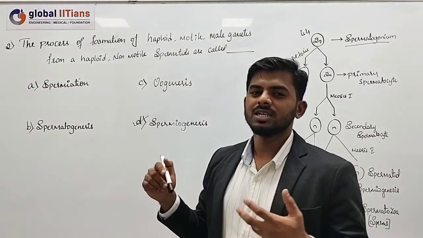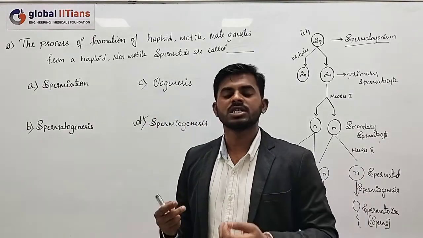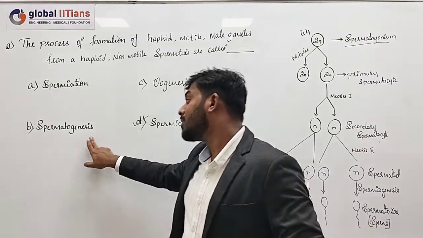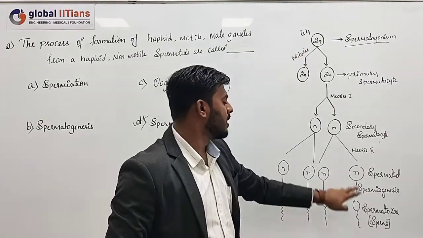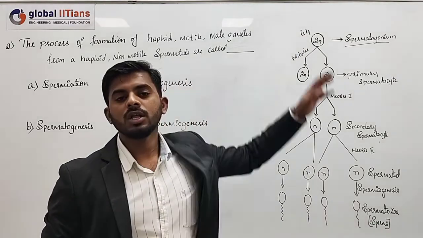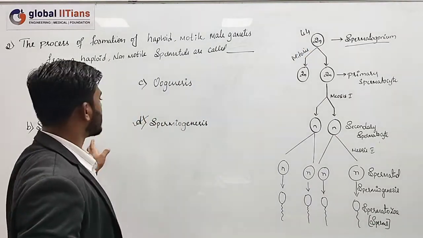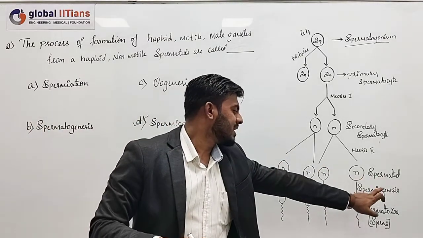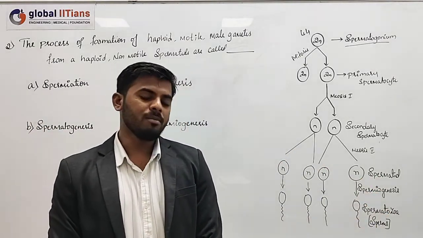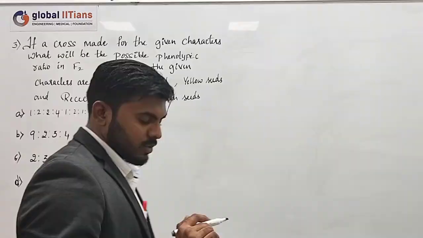Oogenesis you can easily eliminate because that's the formation of ovum. And spermatogenesis, whatever we discussed here, right from spermatogonium till the formation of spermatozoa, the whole thing is spermatogenesis. Spermiogenesis is the correct answer, where the spermatid is formed into spermatozoa.